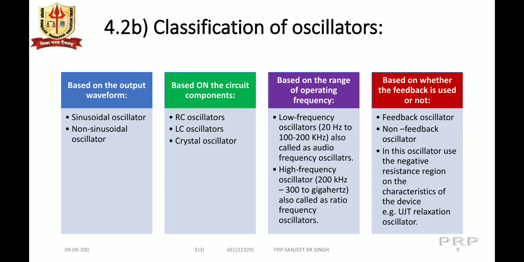High frequency oscillator produces 200 kilohertz to gigahertz range frequency, and is also called radio frequency oscillator. Based on whether the feedback is used or not, we have the feedback oscillator and non-feedback oscillator, and in this oscillator we use the negative resistance characteristics of the device, like the UJT relaxation oscillator. So in this way we can classify the oscillators.